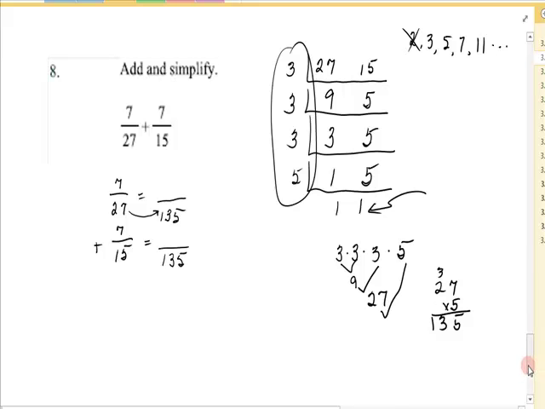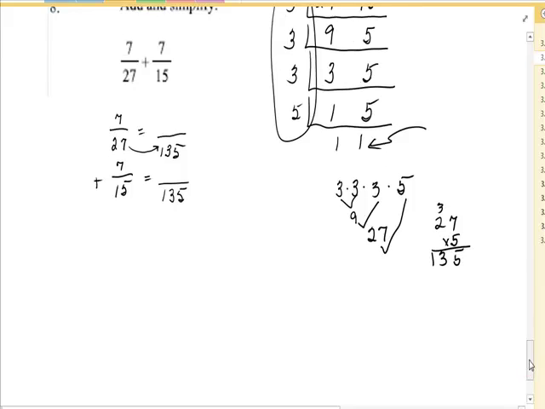All right, I'm going to have some workspace because I don't know. 27 into 135. Well, since this ends in a 5, I'm going to guess 5. 5 times 7 is 35. Carry the 3. Yes. And maybe I should have guessed it from over here. So 27 goes into 135 5 times. And 5 times 7 is 35.